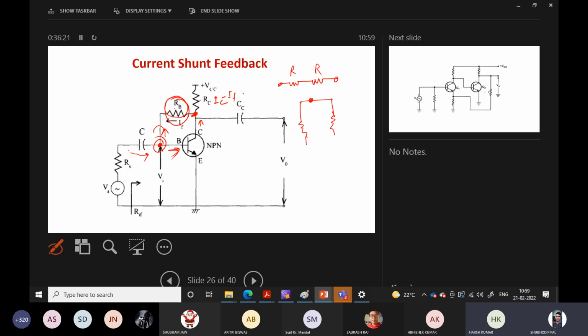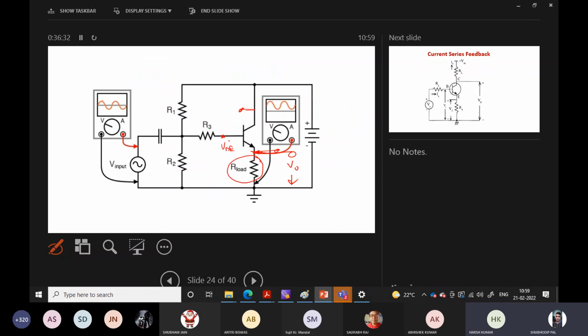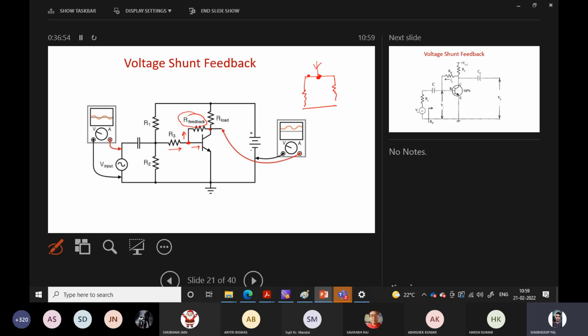Sir, can you go back to the voltage shunt feedback once again? Current series, voltage shunt. Sir, here also, on the output side, a part of the current is going back to the input side. So why is it known as voltage shunt? It should also be like current shunt feedback then. We are talking about negative feedback.